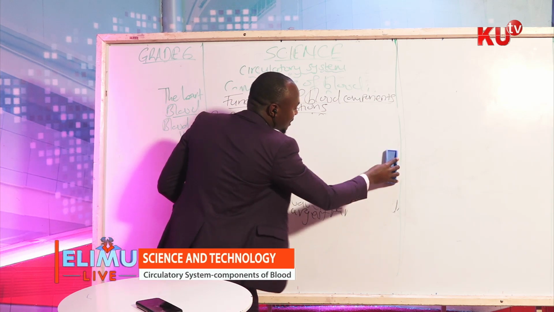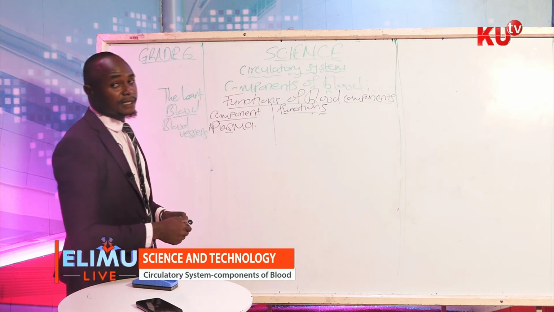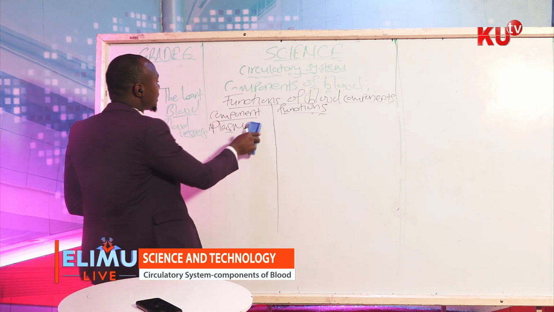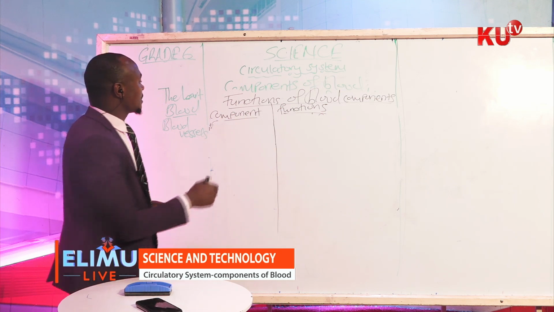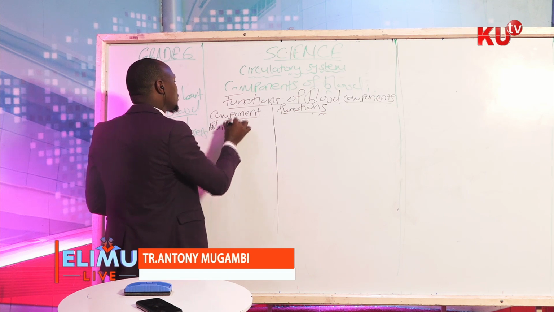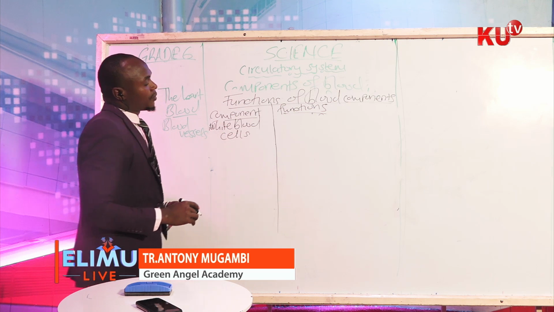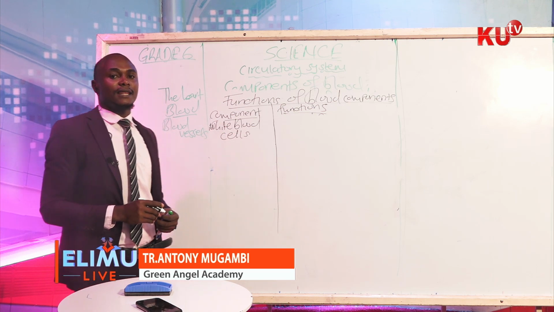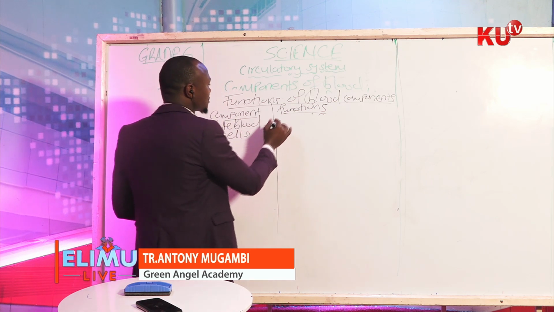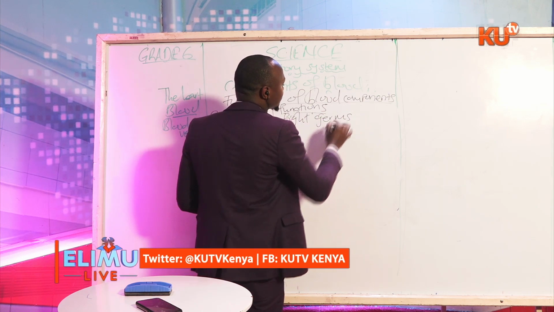Remember, we have said that plasma doesn't have a shape because it is the liquid part of the blood. We have another blood component from the plasma. Let's have the white blood cells. White blood cells are the ones that help to fight germs.